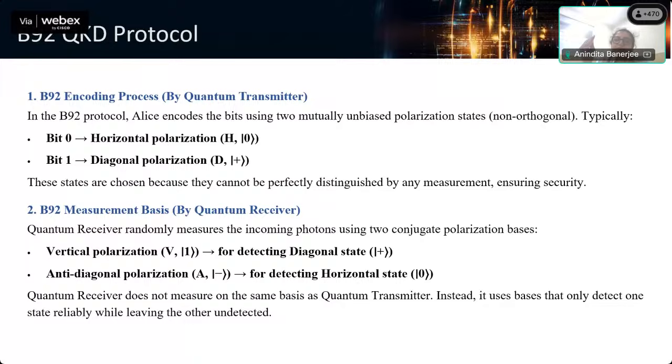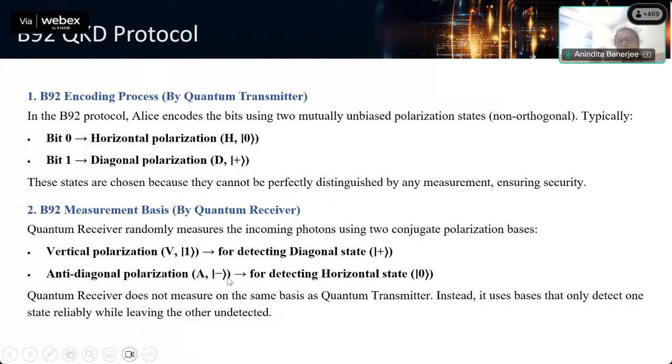Here it is a little different than the other protocol, because here the encoding of logic 0 is on H, and diagonal corresponds to ket plus. But on the detection side, if I'm supposed to get logic 0, I should be getting ket minus.